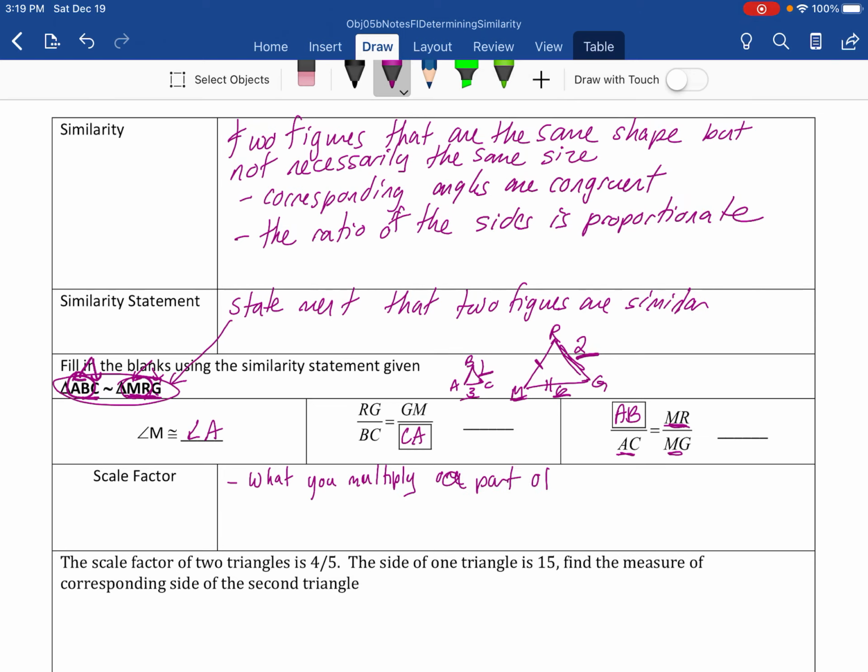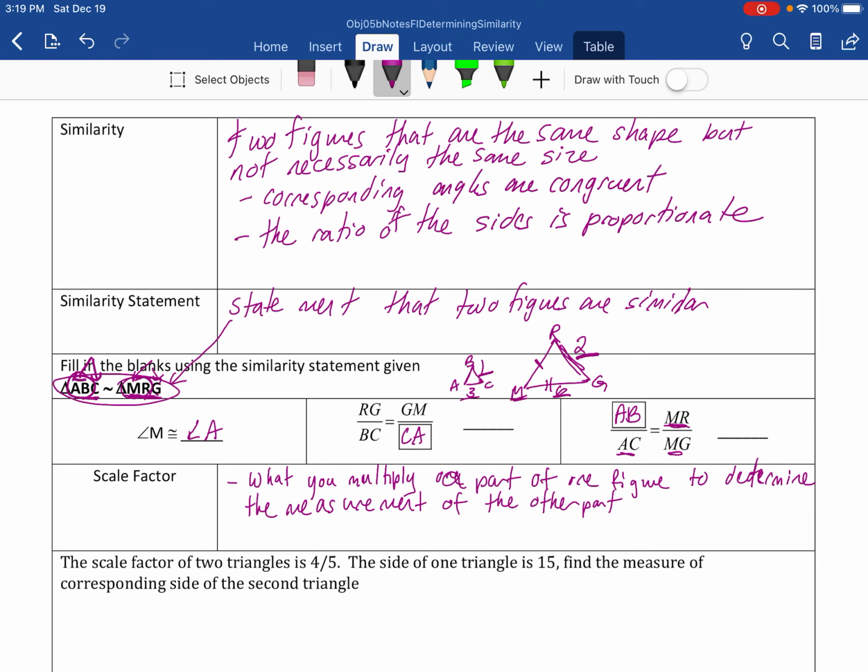It's what you multiply a part of one figure by to determine the measurement of the other part.